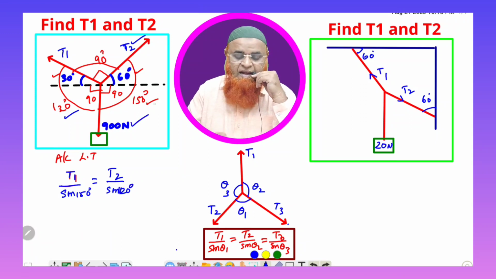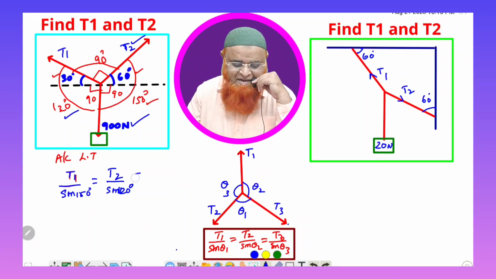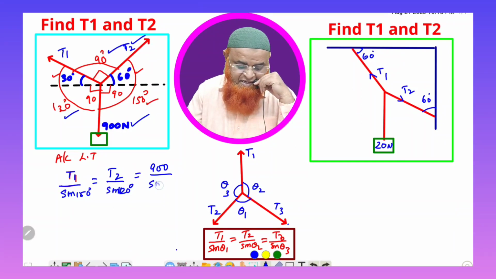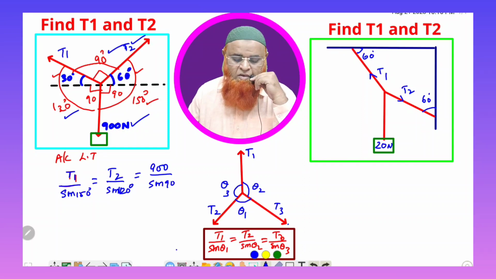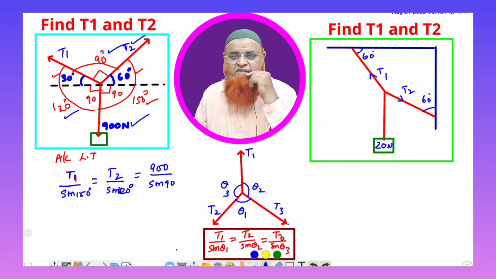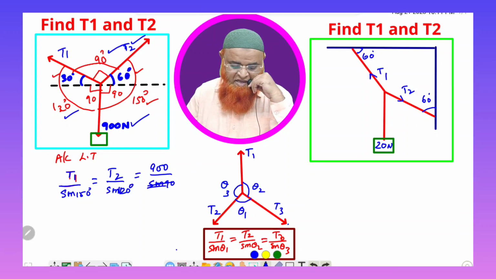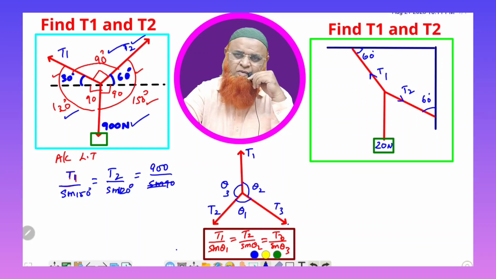And bottomwards there is 900 newtons given in the problem. So 900, opposite to that is 90 degrees, so sine 90, which is going to be 1. We have to find out T1 and T2. Sin 90 is 1, so we need not take it here.